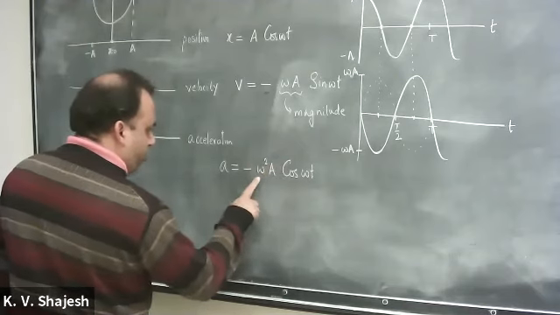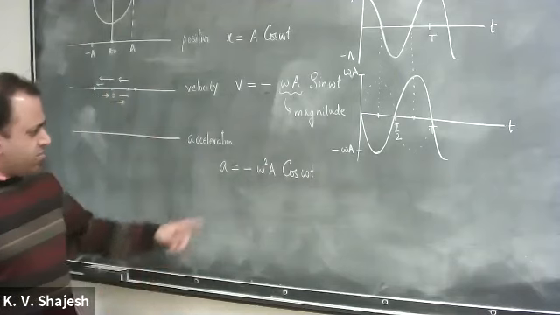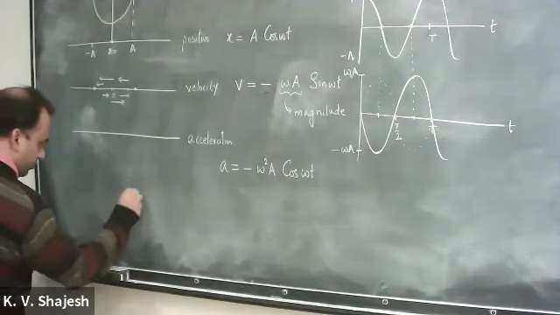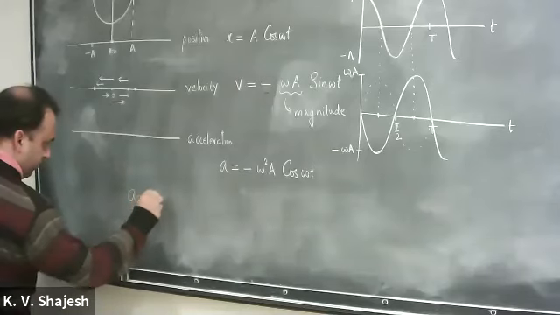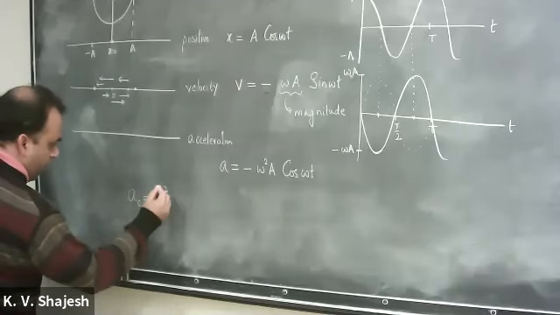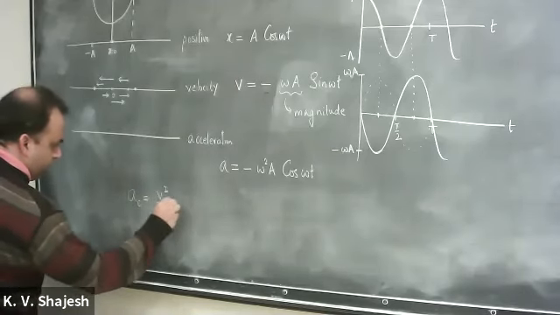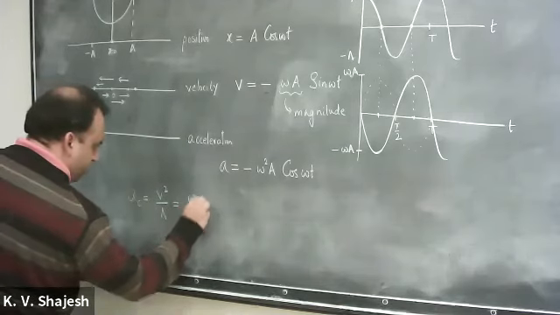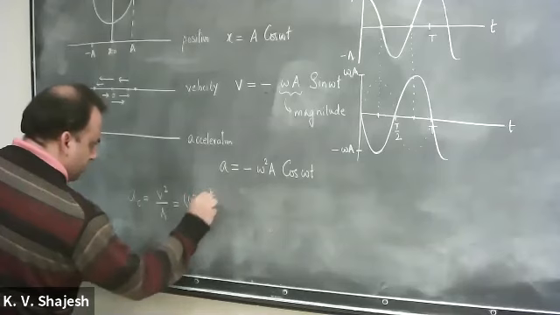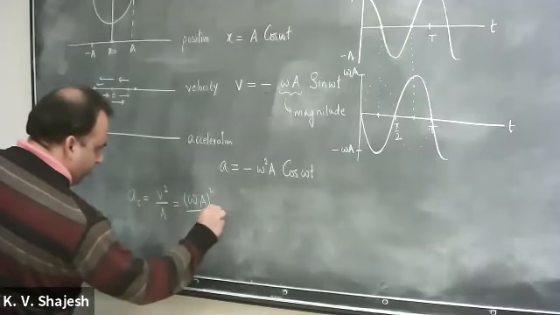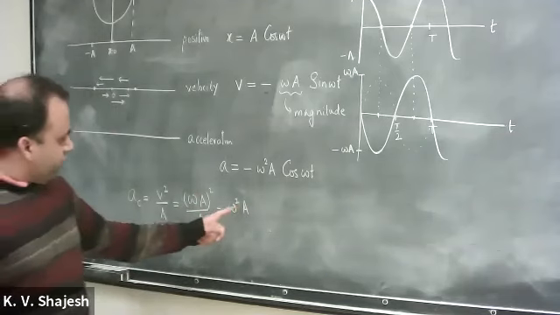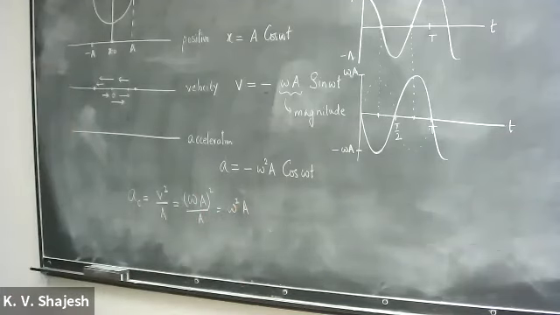Why is it omega square a? Because the centripetal acceleration is v square over r, which is a, but velocity itself is omega times a, squared, divided by a, which is omega square times a. We typically wrote it as omega square r.